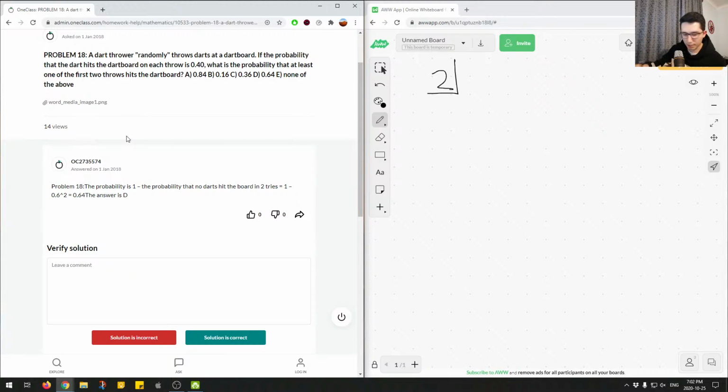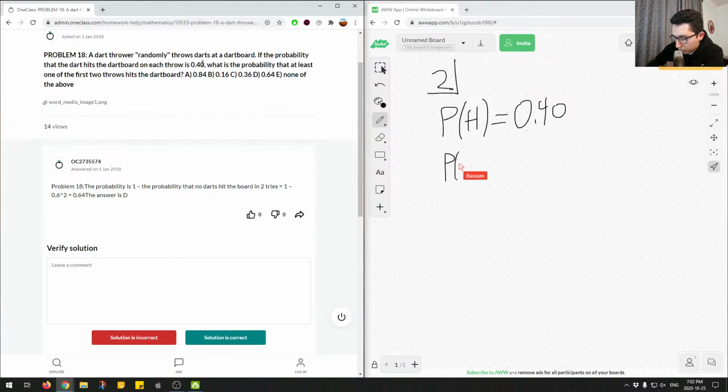So if we look at it this way, the probability of a hit, as defined up here, is 0.4. So we'll say the probability of a hit, H meaning hit, is 0.4. That just represents a 40% chance that it hits the board.